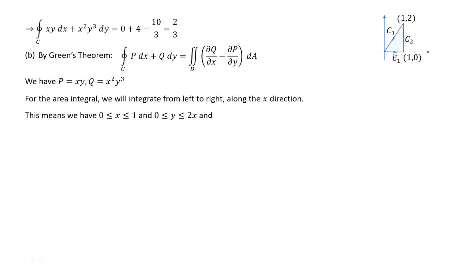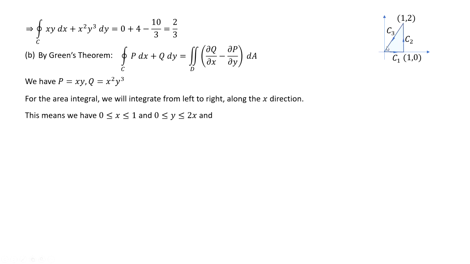X goes from 0 to 1. And what does y go from? Well, in this type 1 integral, you have to draw a vertical rectangle to indicate that you are moving along the x direction. When you draw a vertical rectangle, the top portion of that rectangle is touching this curve. What's the equation of this curve?